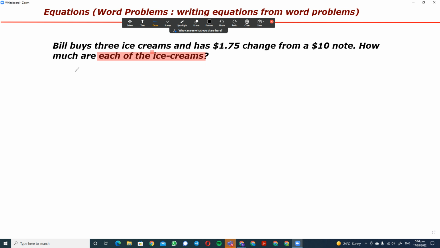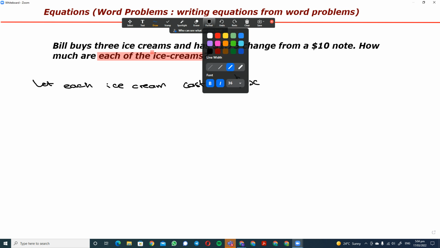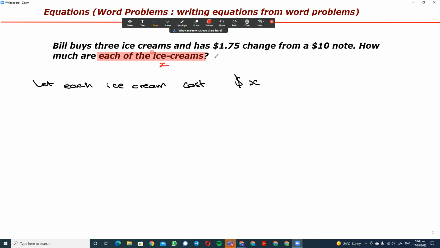Let each ice cream cost X dollars. We want to try and find X.